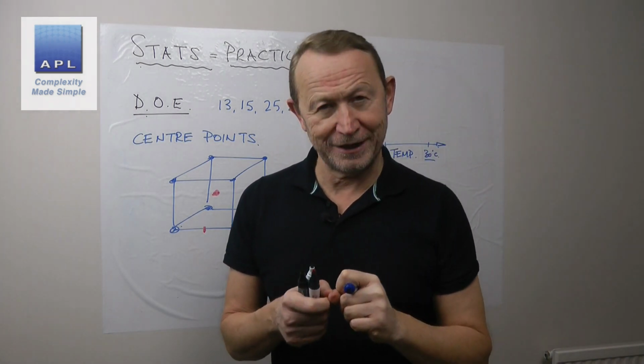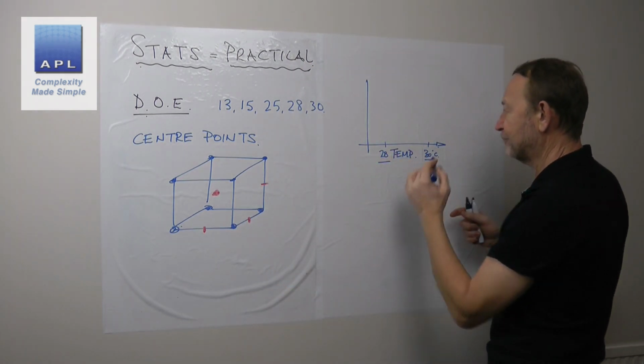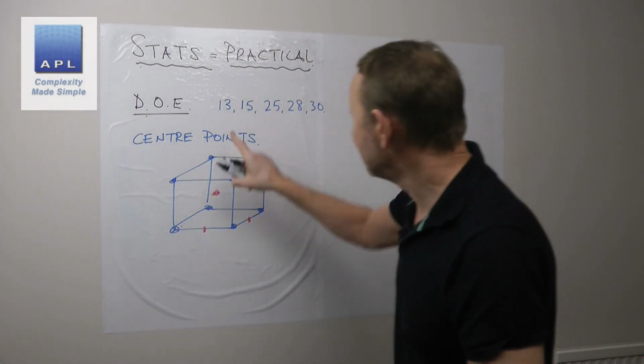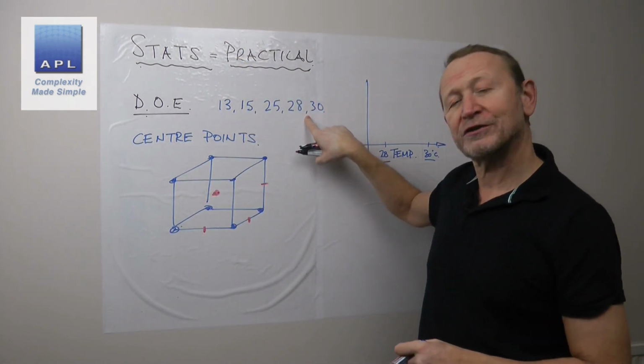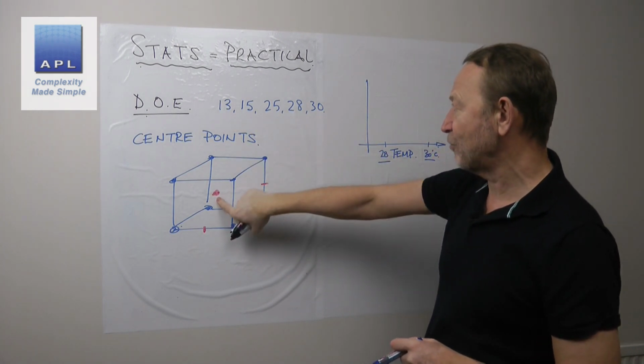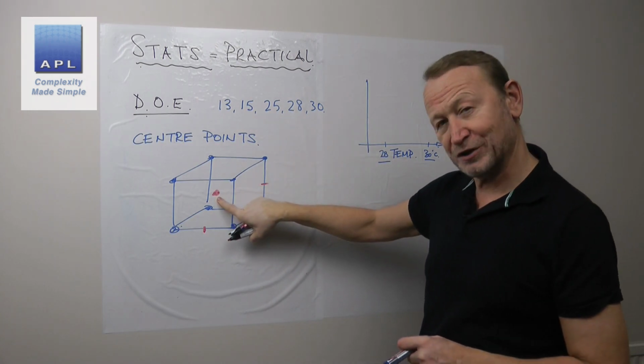Now the trouble with 28 to 30 degrees centigrade is that, of course, a 2 degree shift isn't going to create much of a signal. So if you then get noise, like we've got here, a lot of noise for the same setting, so we've collected 5 data points, all set to the midpoints here.